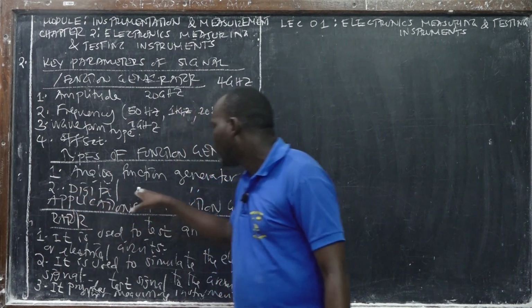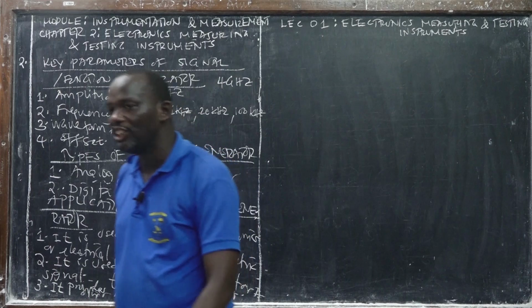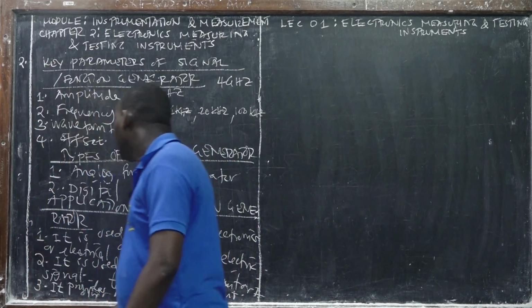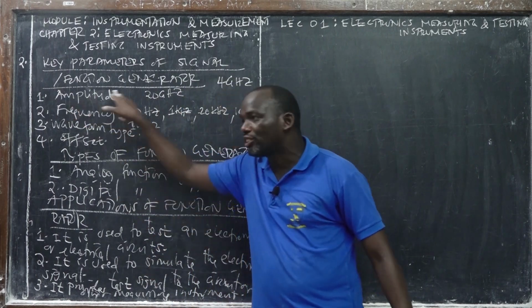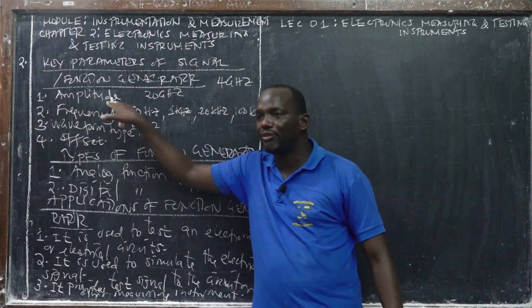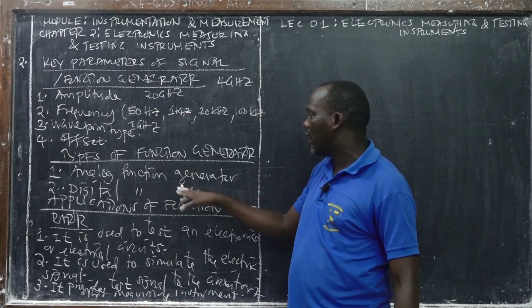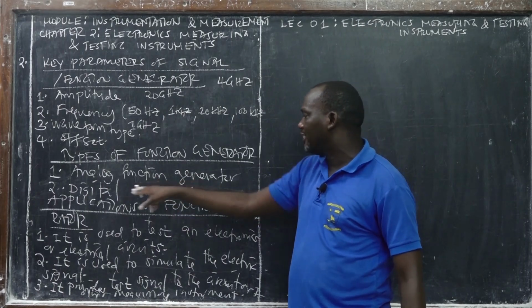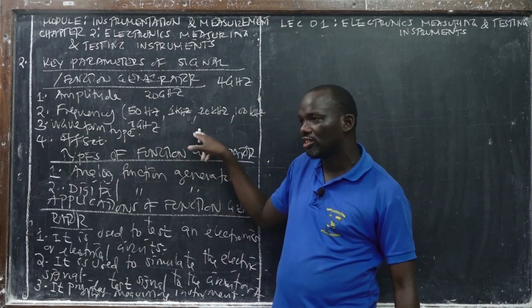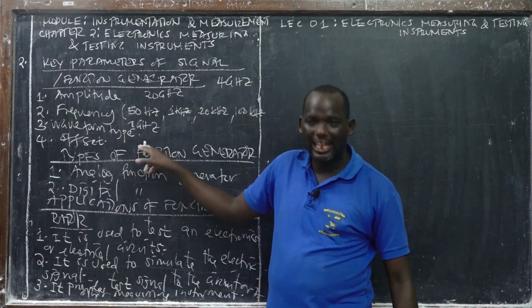Well, a digital function generator, first of all, has a display. That display can show the amplitude of the signal that you have set. Also, it can display the frequency that you have set, and it can show the waveform type.